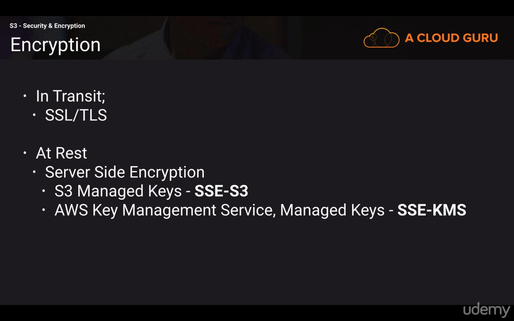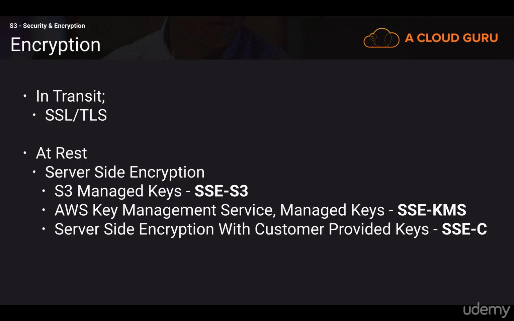The other main advantage of SSE-KMS is that it provides you with an audit trail of when your keys were used and who was using them. It gives you that additional level of transparency as to who is decrypting what and when. You also have the option to create and manage encryption keys yourself, or you can use a default key that's unique to you, the service that you're using, and the region that you're working in.